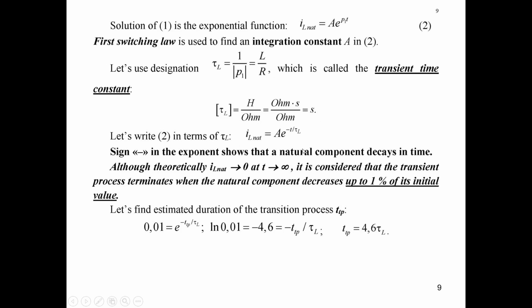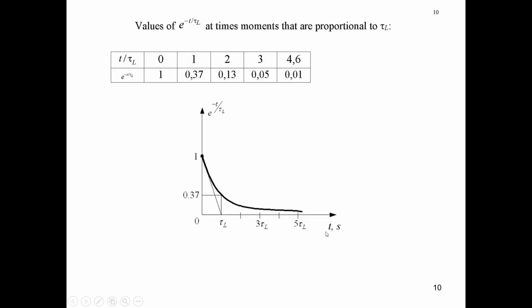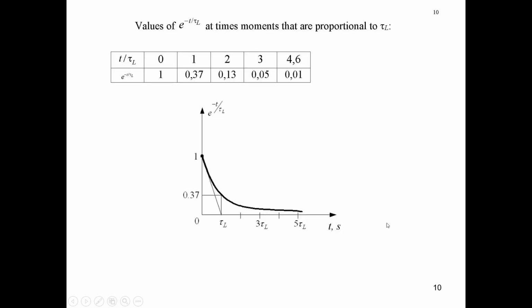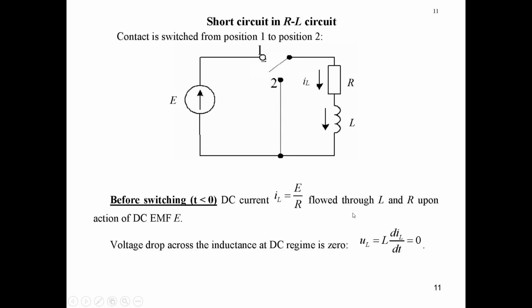This is the natural component. And you should remember that the transient process is considered as lasting up to the moment t equal to approximately 4.6 of this time constant tau L. Here are its graphs, and an example of calculation of electromagnetic processes in such a schematic was considered.